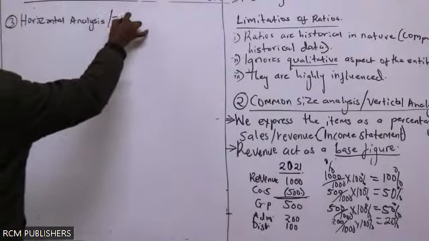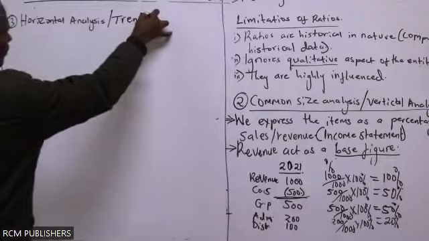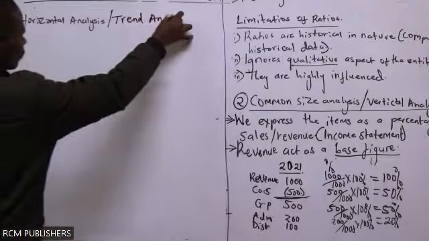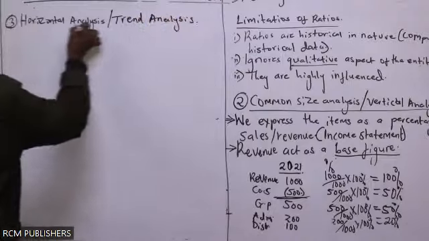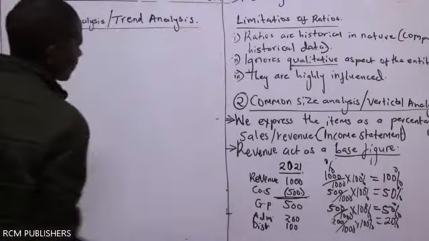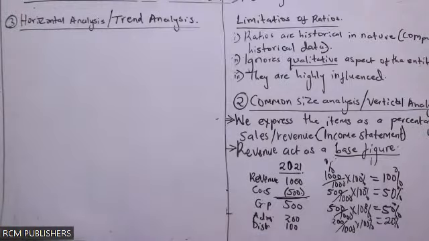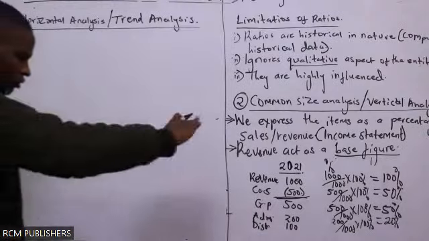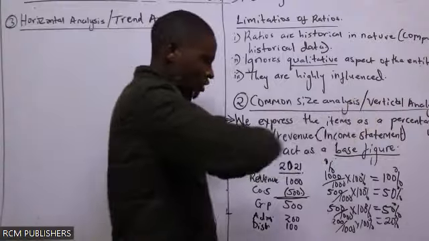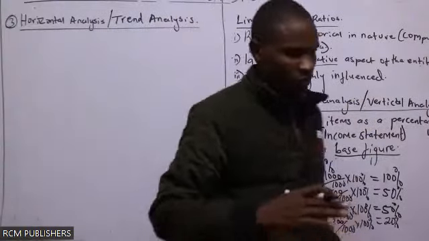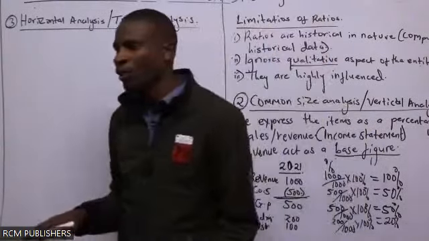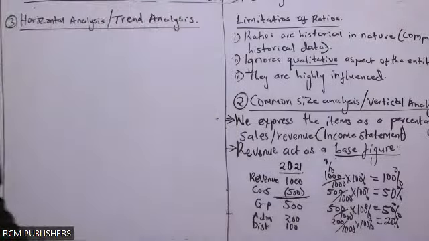Sometimes the examiner will use this name, so don't get confused. When you hear of a trend analysis, the examiner means horizontal analysis. Now we are looking at statements in a horizontal way. The trend, what has been there? It is done to establish the direction.